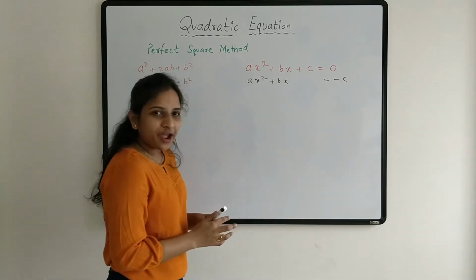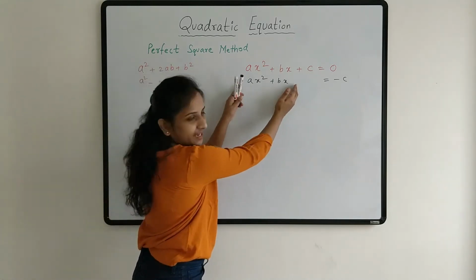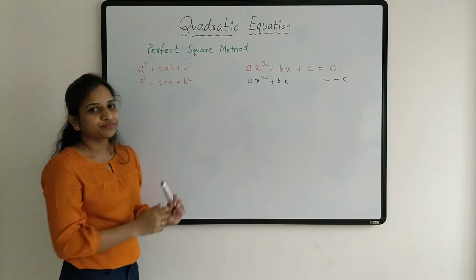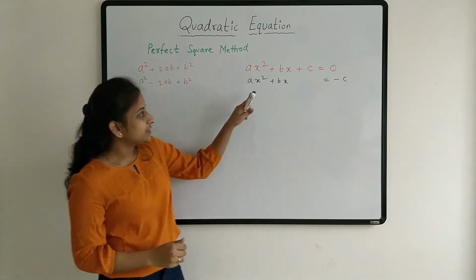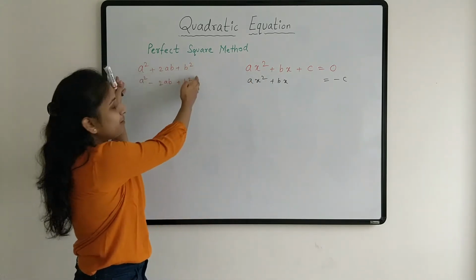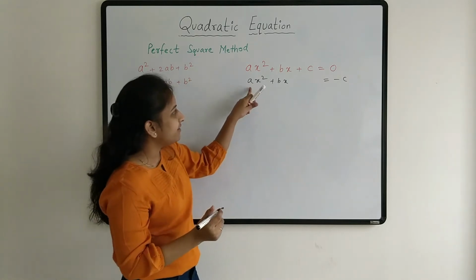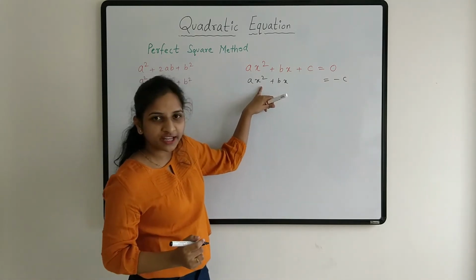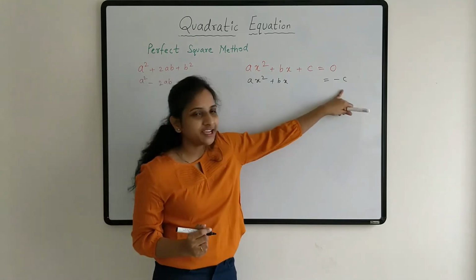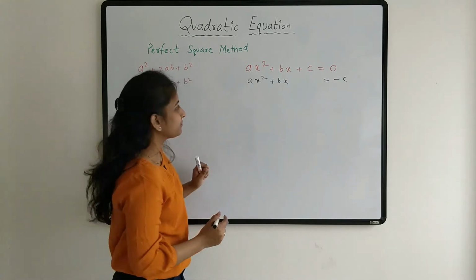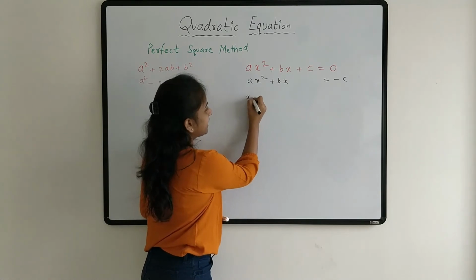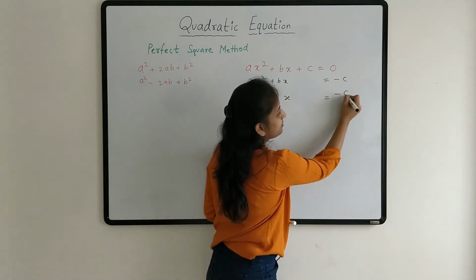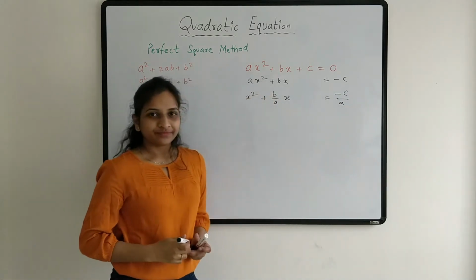Now we should bring this LHS into perfect square form. To make this into the form like this, we should divide by a. Here we want x square, that's why we divide every term by a. So we get x square plus b by a x is equal to minus c by a.